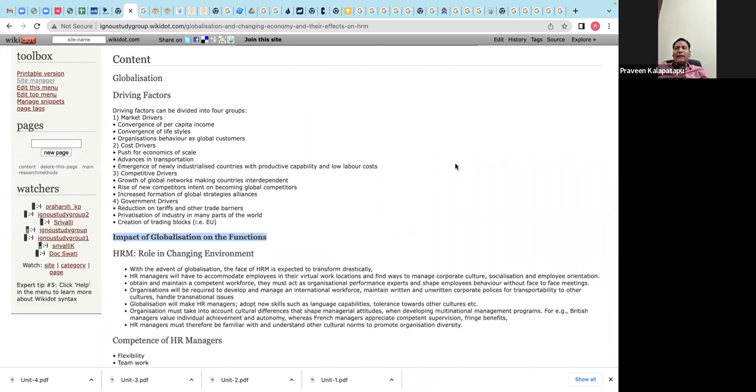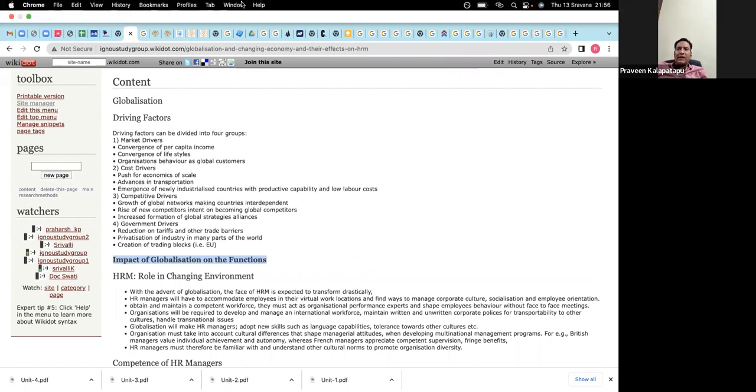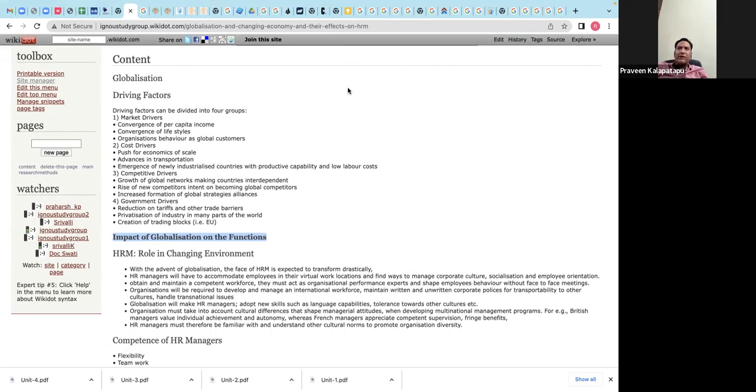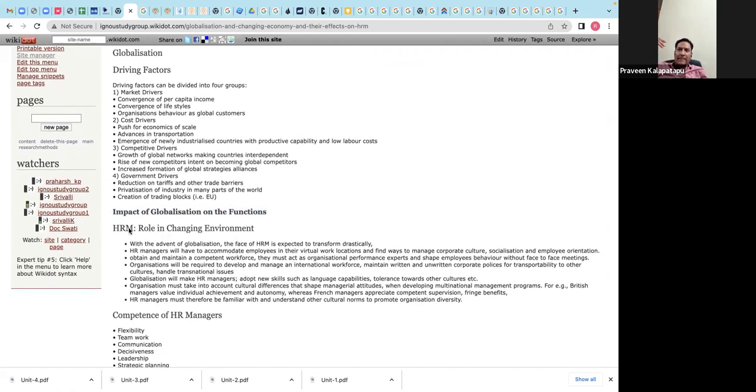Now they will have to cater for various cultures and different kinds of staff. Particularly, as we talked about, diverse organizations, this staff will be there at all levels of the organization. So they need to tune their recruitment, their training, every process according to this particular culture. So that is the impact of globalization on HR functions. It is a very generic content which talks about how exactly HR is impacted.